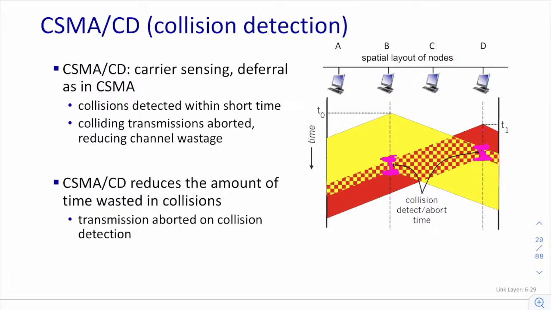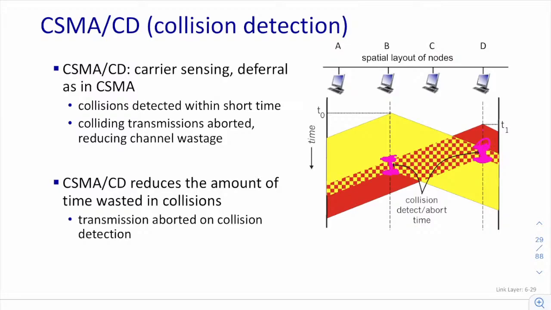Okay, so it's right here. For D, when it senses the collision, it takes some time to stop its transmission. So after the collision is detected, they abort the transmission, and after that they will wait for the channel to be empty, to be idle, and then B and D will try to find some other mechanism to decide who can transmit after this collision.